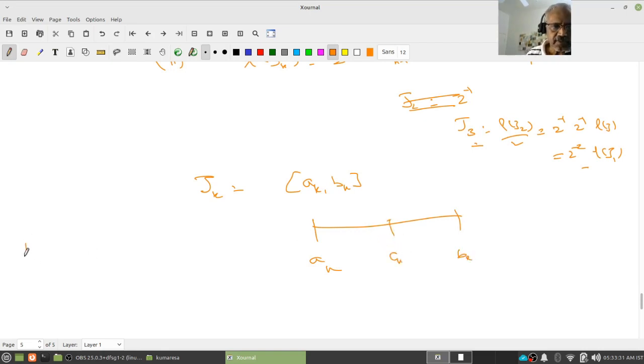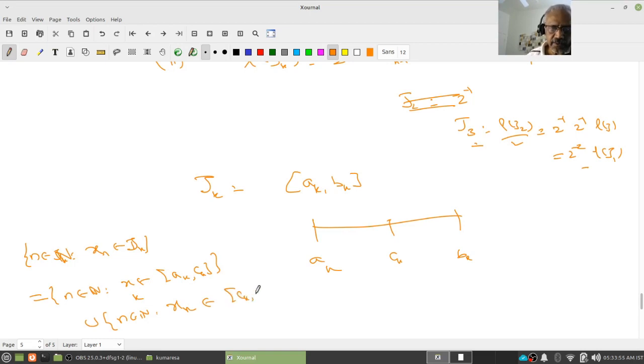Therefore the set of n in N so that xn belong to Jk is equal to the set of n in N so that xn belong to AkCk, union the set of n in N so that xn belong to CkBk, right?